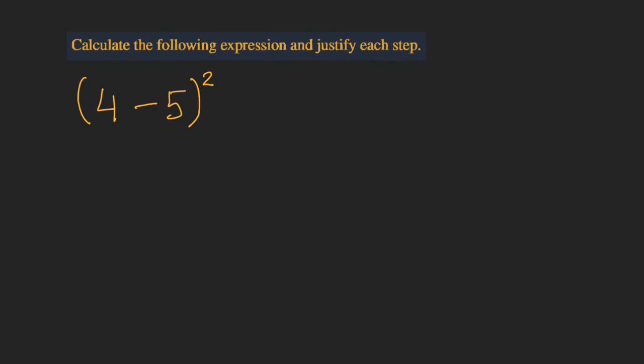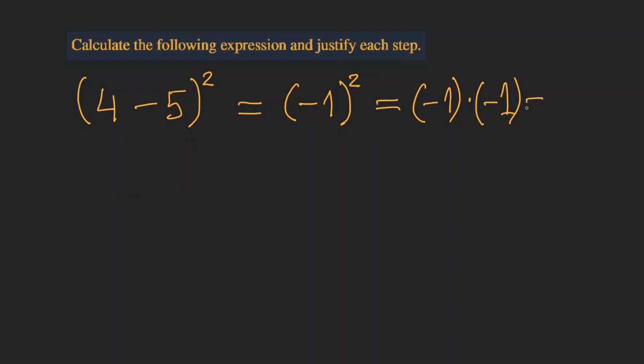Evaluating the difference inside the parentheses first, we get 4 minus 5 is minus 1, squared, which equals minus 1 times minus 1, which equals 1.